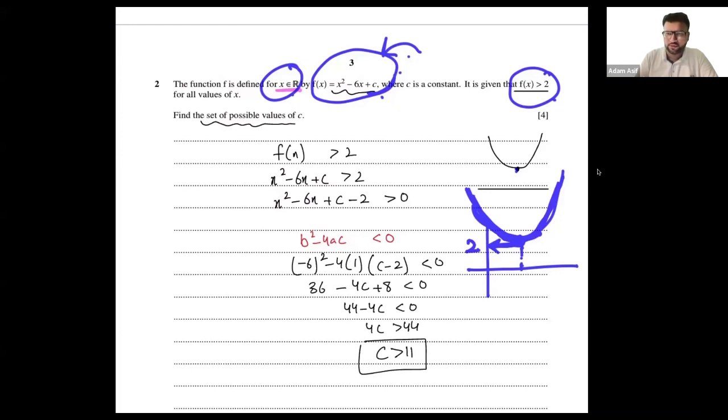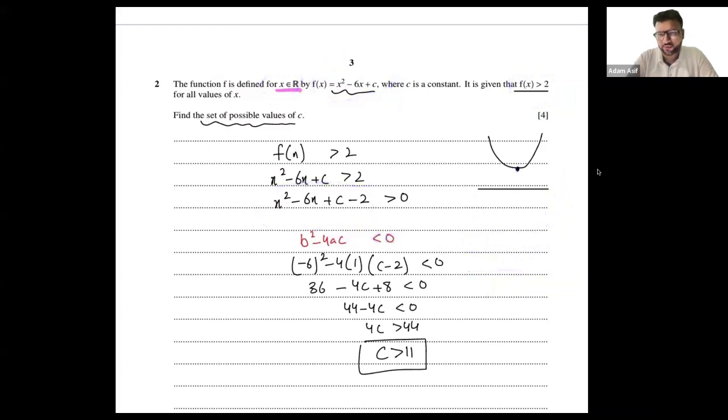Since the function is greater than 2, there isn't any intersection between the line y equals 2 and our quadratic function. If we equate them, there aren't any solutions for this quadratic equation. Hence, the discriminant is less than 0. Is it clear now?